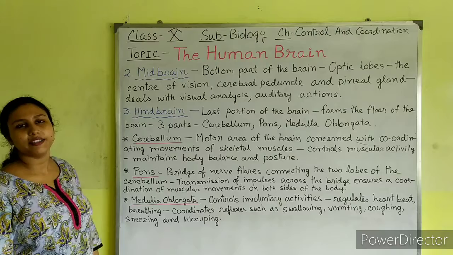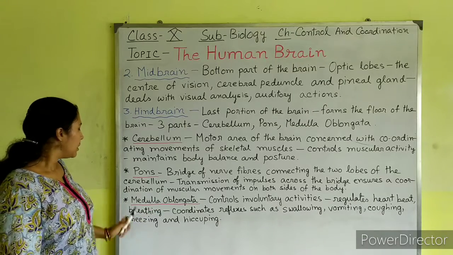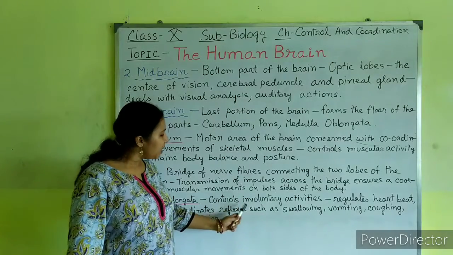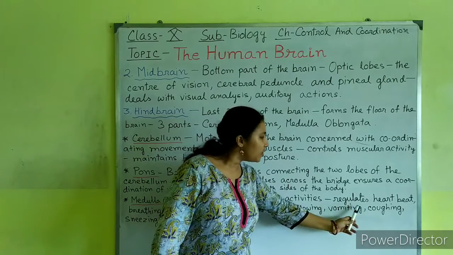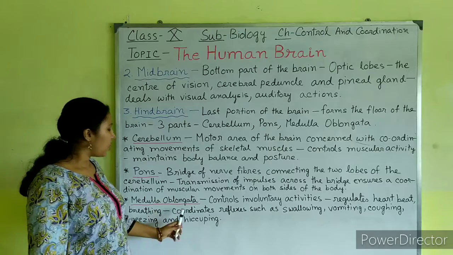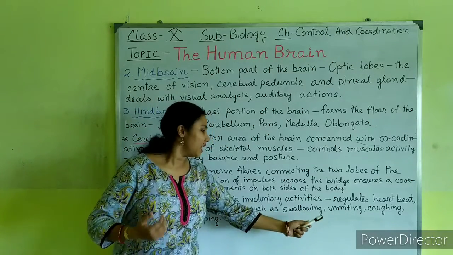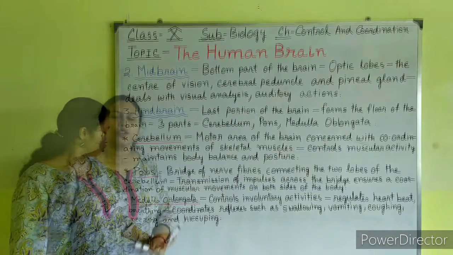The last one is the medulla oblongata. It controls involuntary activities: it regulates heartbeat and breathing, and it coordinates reflexes such as swallowing, vomiting, coughing, sneezing and hiccuping.